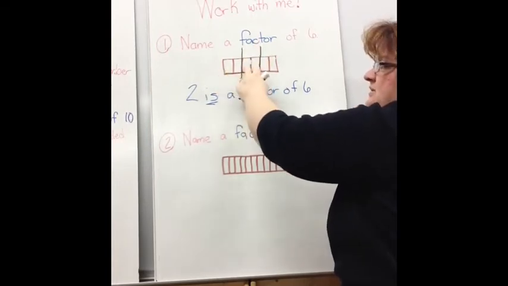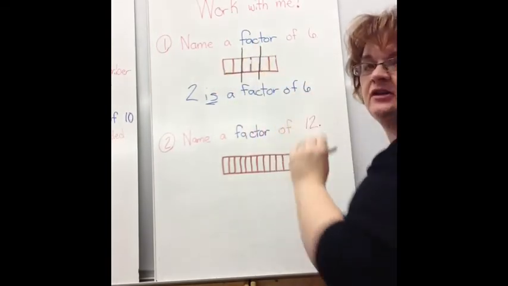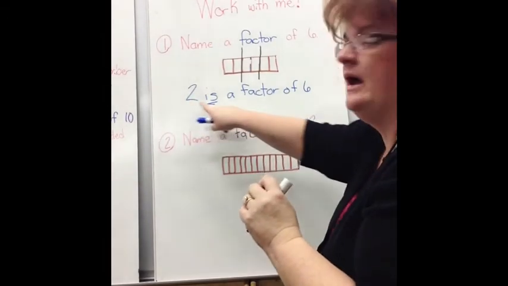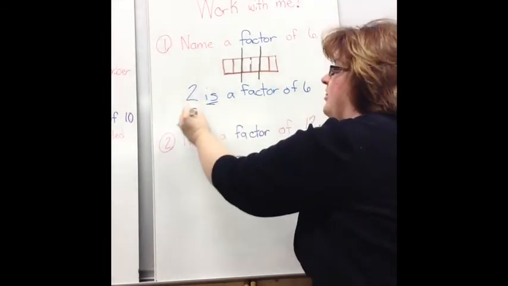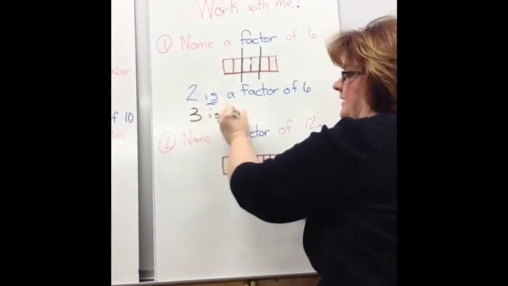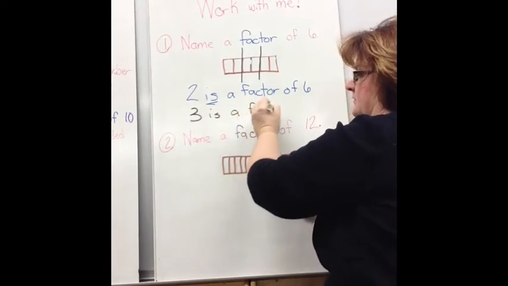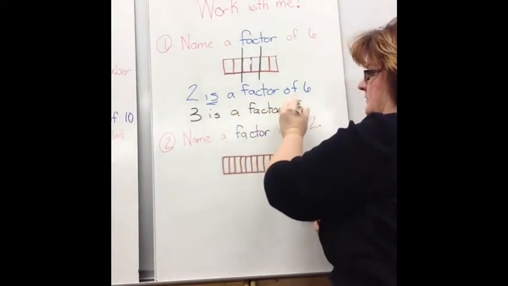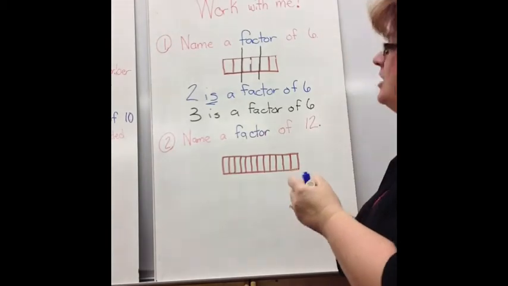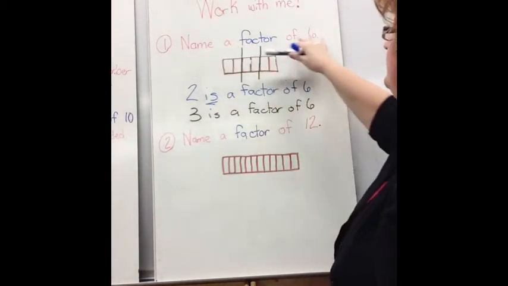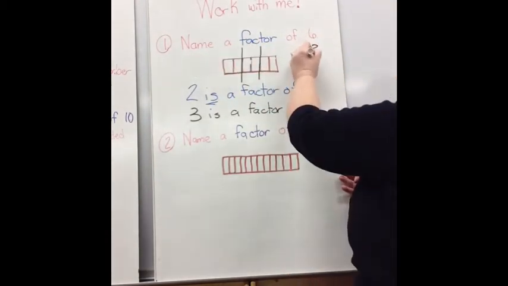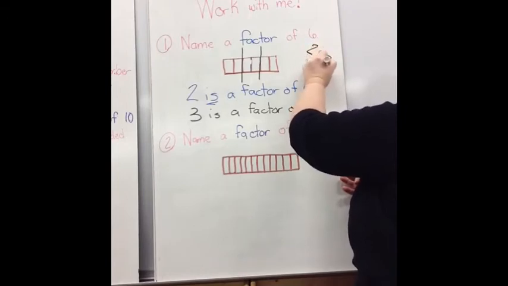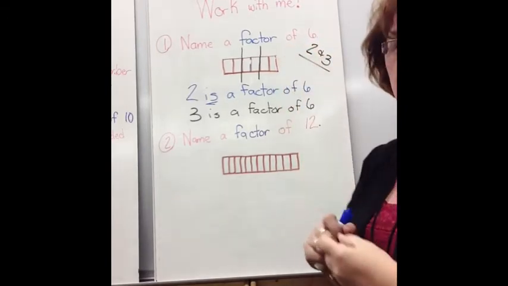This has 2 sections, this has 2 sections, and this has 2 sections. So not only is 2 a factor of 6, but 3 is a factor of 6. So it says name a factor of 6. The answer is 2 and 3. That is your answer.